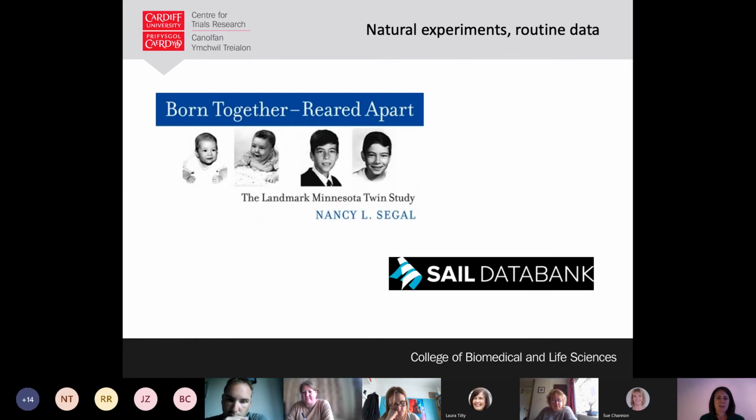So things like natural experiments. Here we've got the twin study. Twins who were born together but then reared apart is a good example of how you can answer nature-nurture questions. And if we think about things in our own world at the moment, we've obviously got COVID, which has caused a lot of chaos, but does present some opportunities for natural experiments.